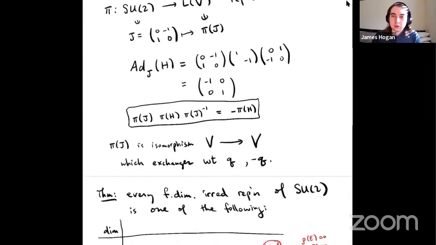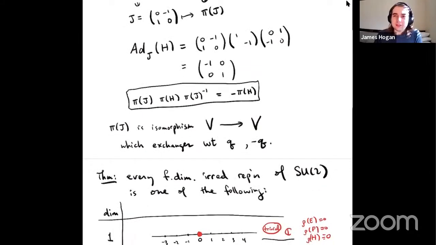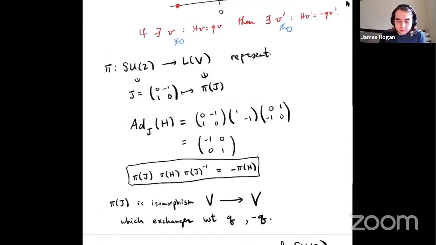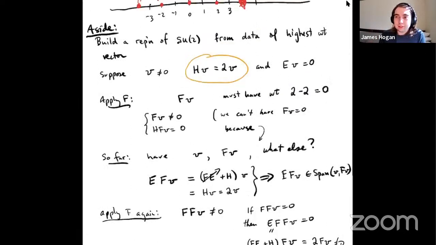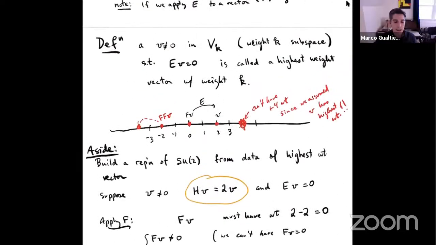Just a question. We assumed at the start here that V was our highest weight vector, but what we assumed was just that EV was 0. That's the meaning of highest weight. Is there some obvious reason why there can't be another higher, like a weight 4 vector, that E doesn't send V to?